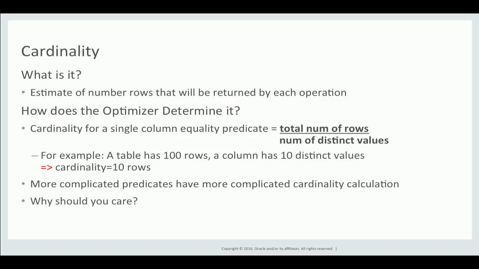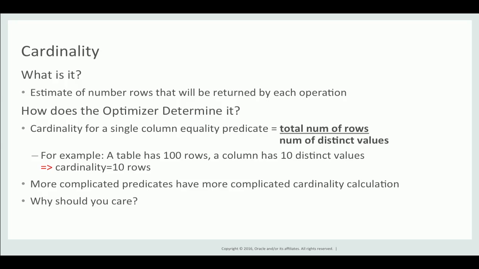Remember, each operation either produces or consumes rows, or both. And it's that decision about how many rows the optimizer thinks that operation is going to need or is going to produce that is critical. It uses a bunch of the statistics we gather and formulas to determine that value.